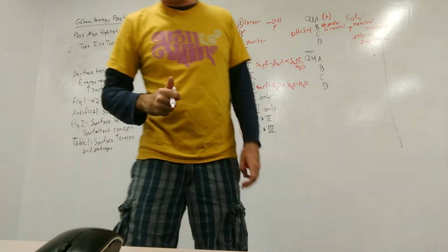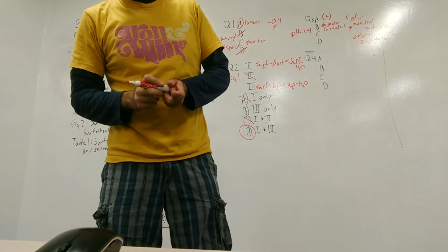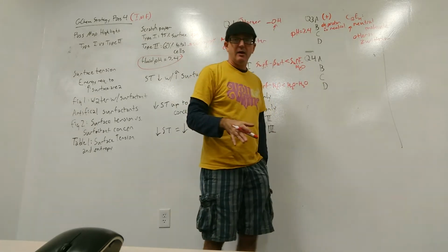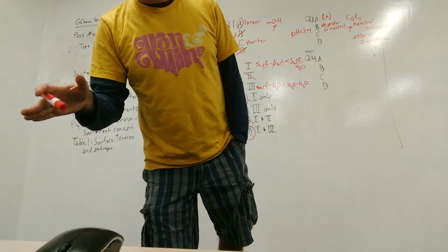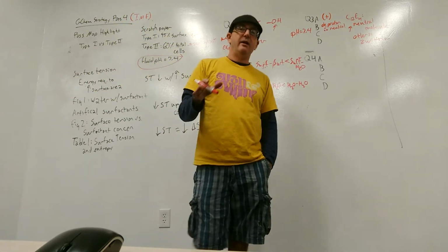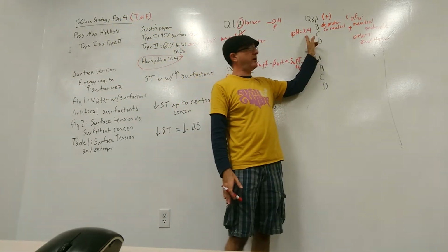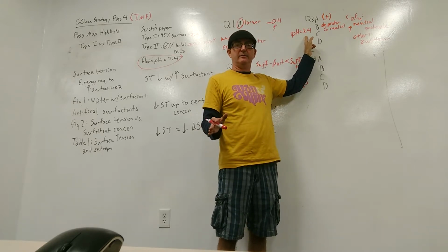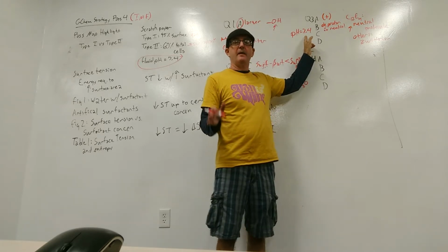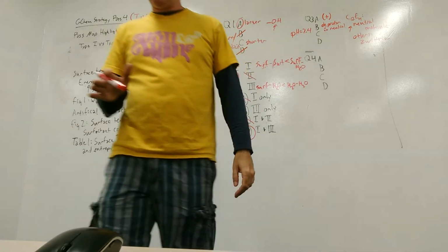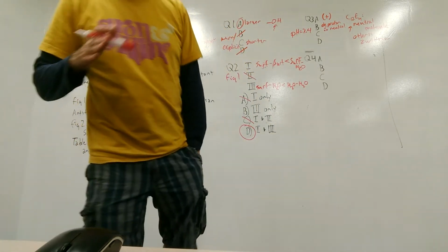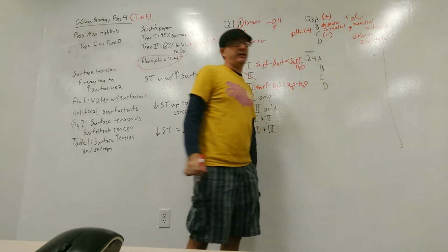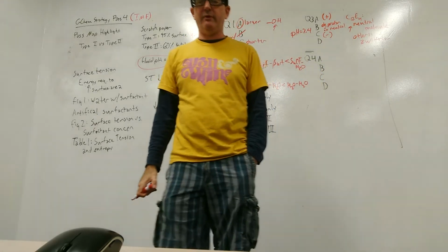Then we look down at C, and we see that C currently has a carboxylic acid at the end of it. But you see also that its pKa is 4.9. If we're at a pH of 7.4, is it going to remain protonated, or will it deprotonate? That's right, it's going to deprotonate, and because it's deprotonated, that's going to give us a negative charge. So C would have a negative charge at that pH of 7.4.